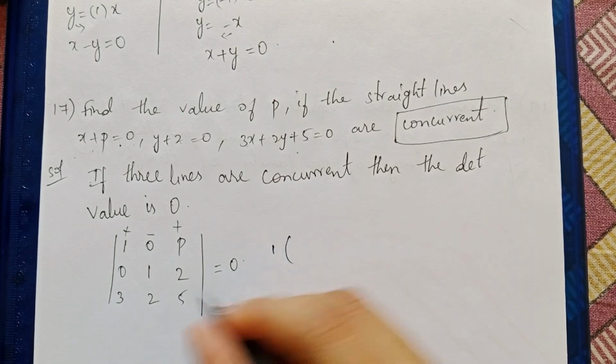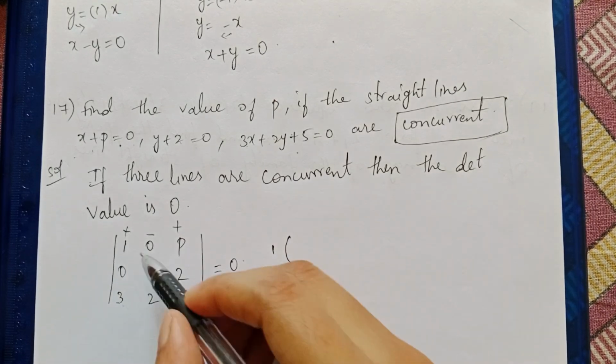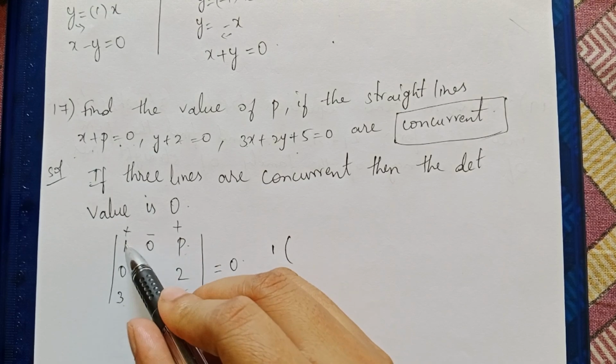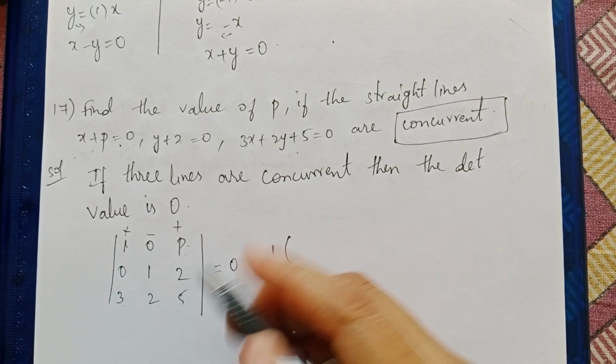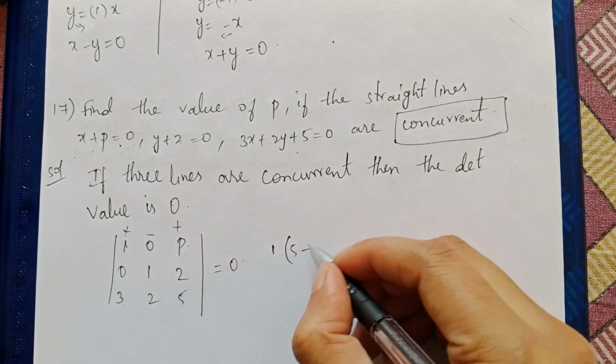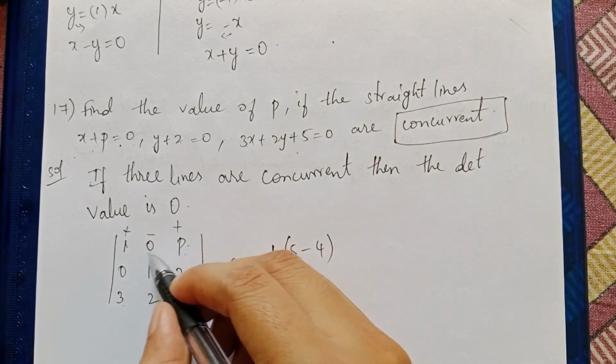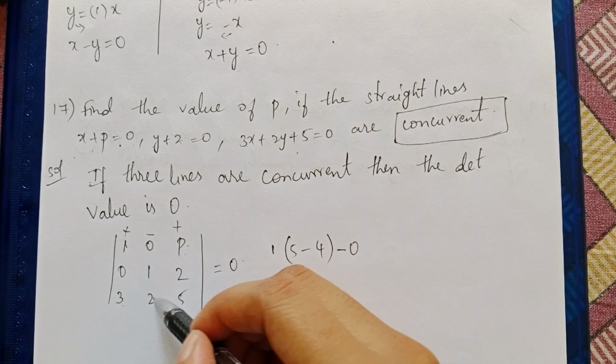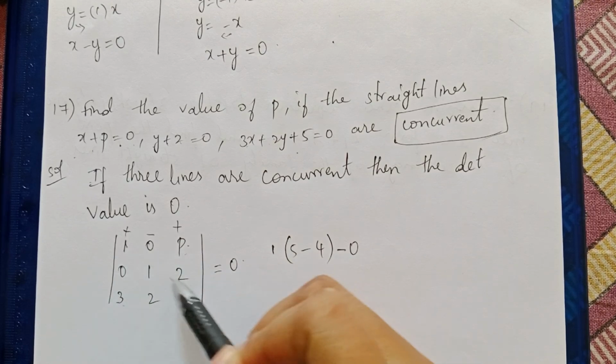So here it will be plus, minus, and plus, right? So it is 1 into, we will remove this column and this row, right? We'll remove this when we are solving with the first term 1. So we'll be left with 1 into 5 is 5 minus 2 into 2 is 4. And the second is minus 0, and 0 multiplied with any term is 0, so we will not write it.